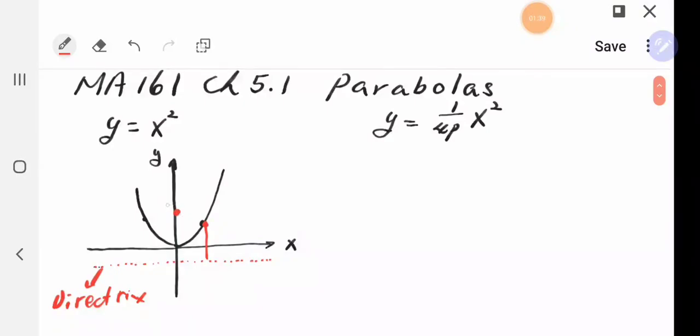Let's say this is the focus, the point P. And let's say this is a point on the curve, the point (x, y).